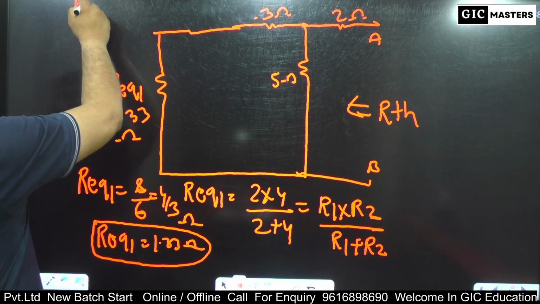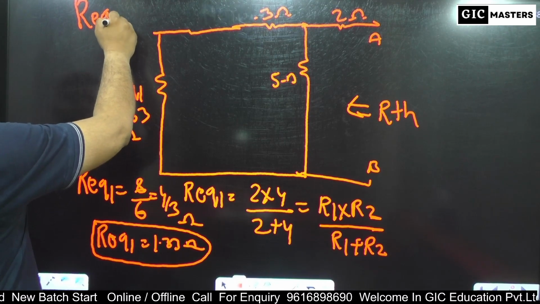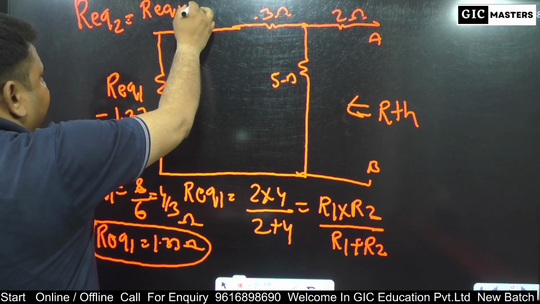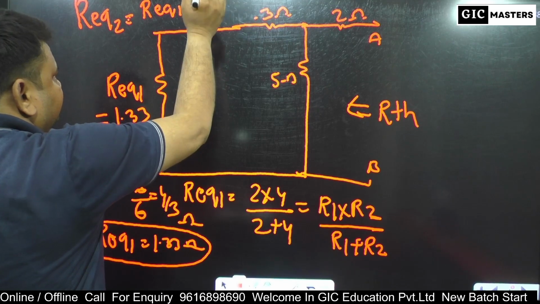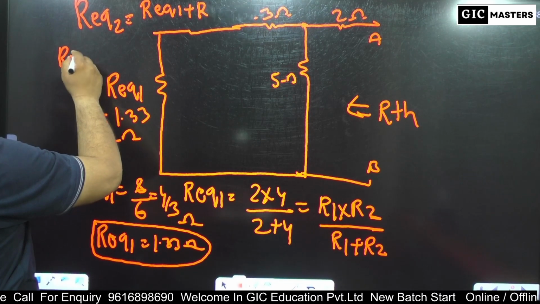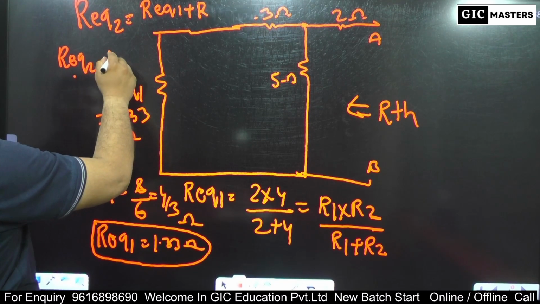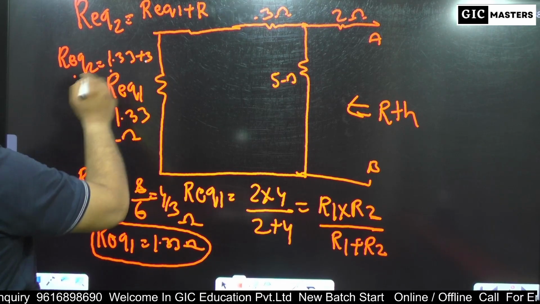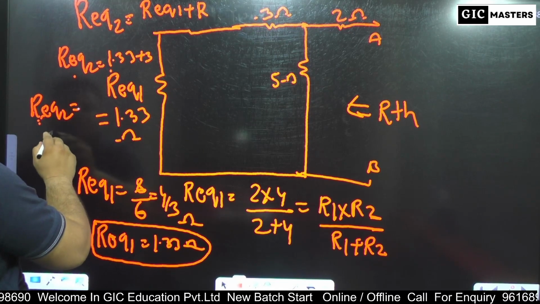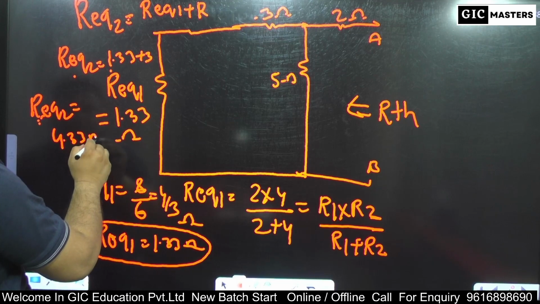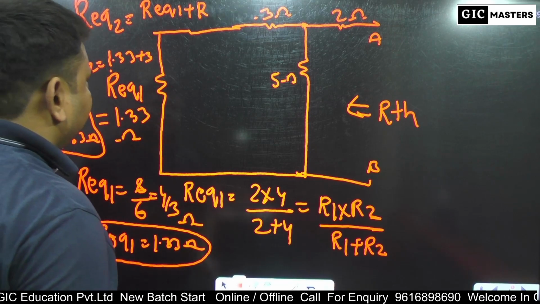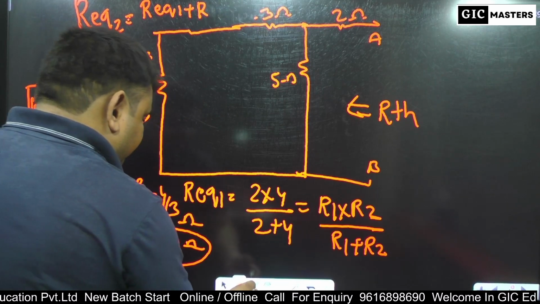So R equivalent 2 equals R equivalent 1 plus 3, so R equivalent 2 equals 1.33 plus 3, which equals 4.33 ohm.